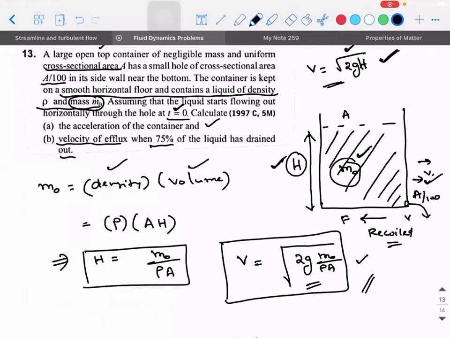It was root of 2g into m naught divided by rho a, that is 2g m naught divided by rho a whole under a root. Now, when 75% of the liquid has drained out, what will be the height of the liquid column now? See, when they say 75% of the liquid, are they trying to talk about height or volume?